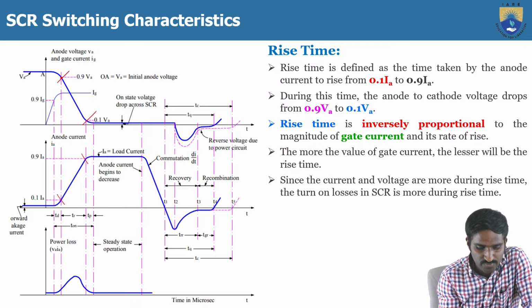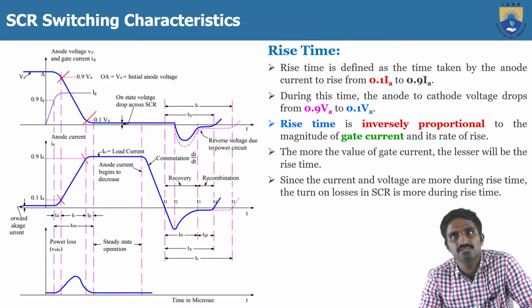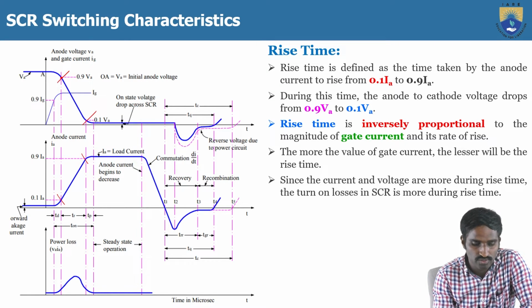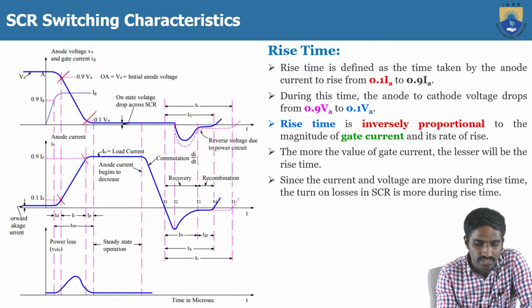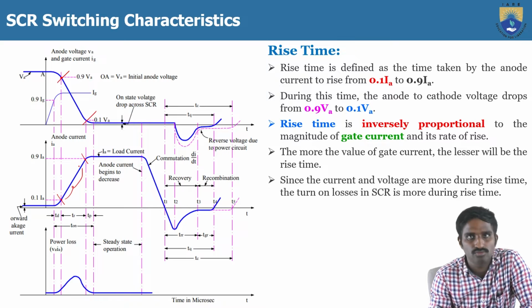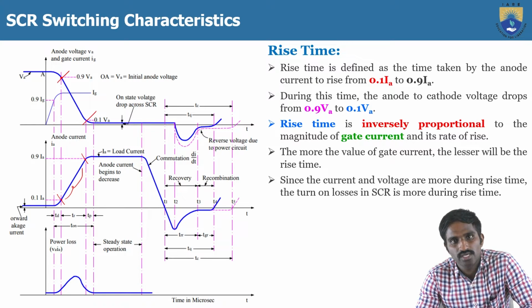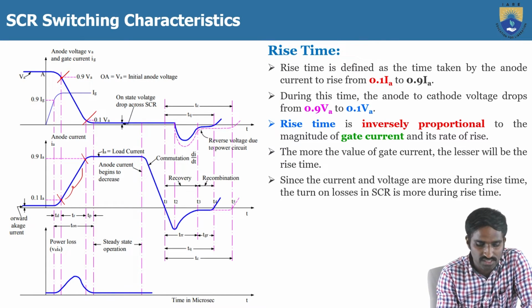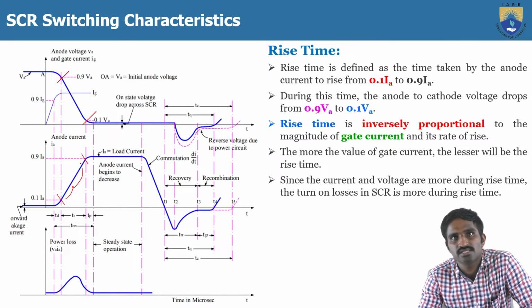Rise time is defined as the time taken by the anode current to rise from 0.1 Ia to 0.9 Ia. So the time taken by the anode current to rise from 0.1 Ia to 0.9 Ia is called the rise time, because during this time the anode current is increasing.